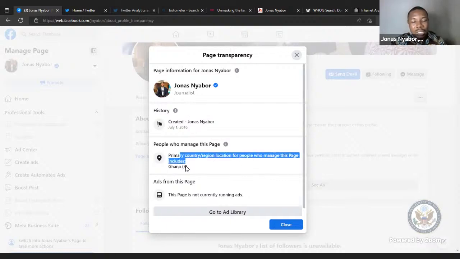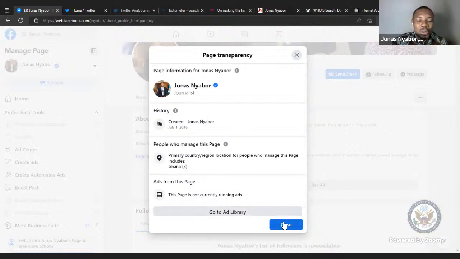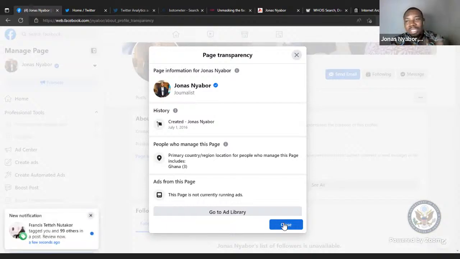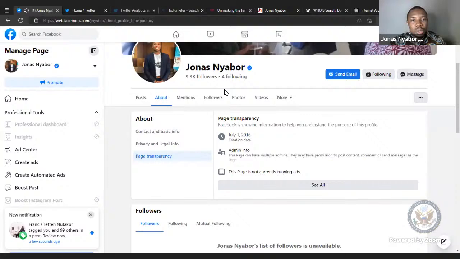I've explained why this is important. In my case, I have 3 people managing my Facebook page, all based in Ghana. So there's a green flag, because if I'm a journalist based in Ghana, all 3 accounts managing my page are based in Ghana. So this is very useful.